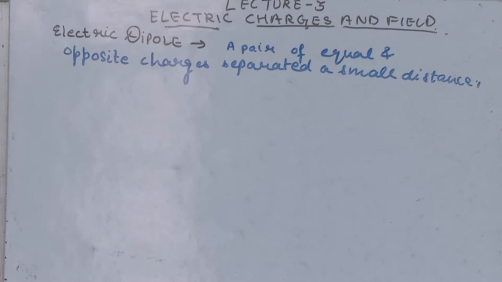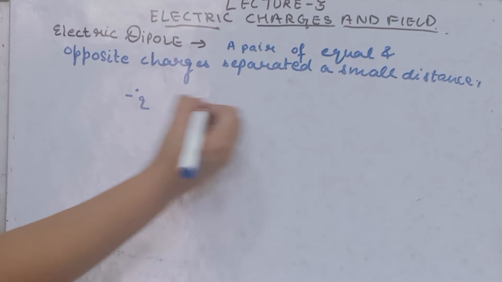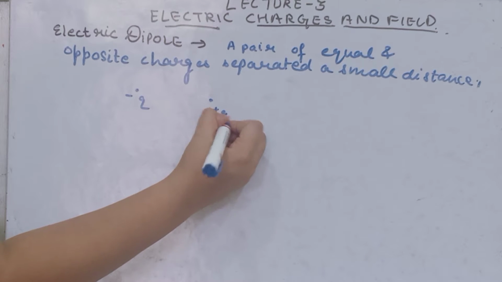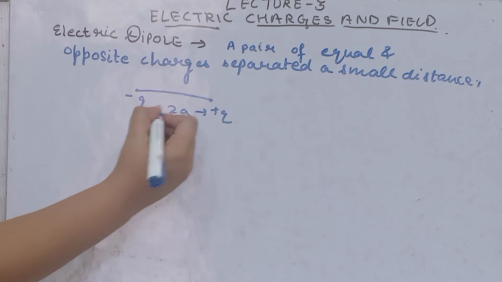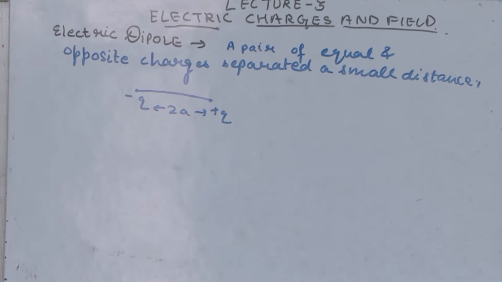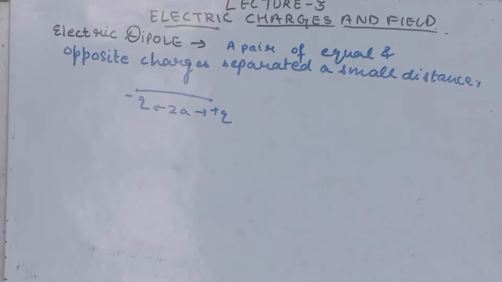Say these are two equal and opposite charges and they are separated by a distance 2a, then this system is called the electric dipole.